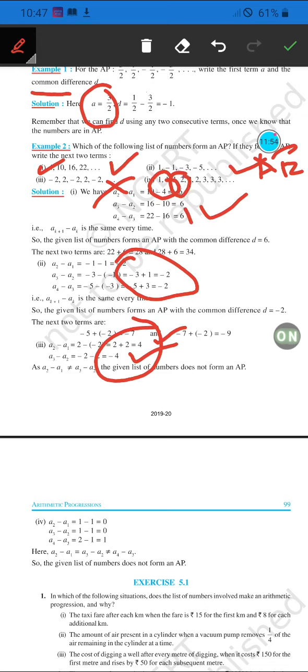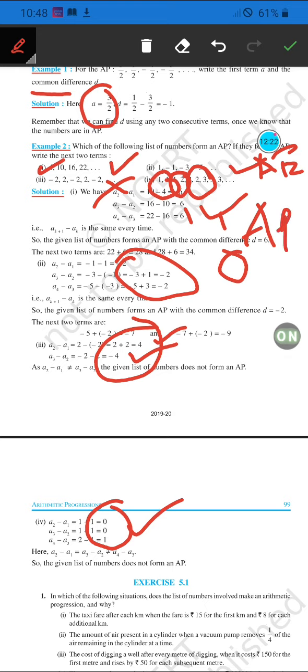Afterwards 2 to 3, the difference is 1. 3 to 3, the difference is 0. So the common difference is not equal here. A2 minus A1 is 0. A3 minus A2 is 0. A4 minus A3 is not 0. So the common difference is not equal, and the fourth example is not an AP.